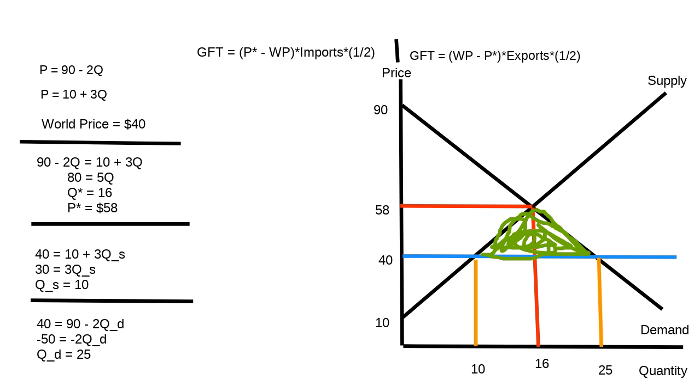But we're going to use the import one because we're importing. So let's fill this in: price 58, world price 40, imports 25 minus 10, times 1/2.